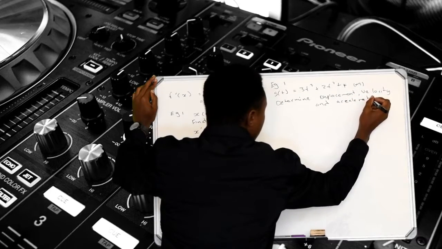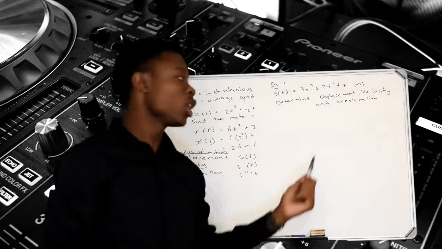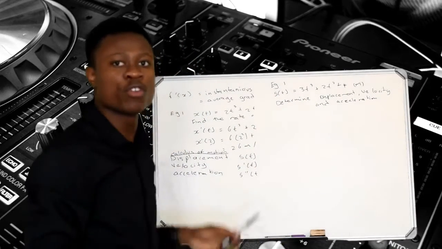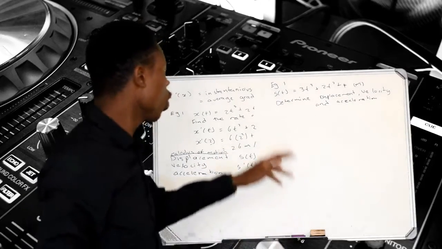But at this moment, we can't determine that. If they give you the function like this and don't give you any values, it means they want you to write it in terms of a formula. And you know you can do that.